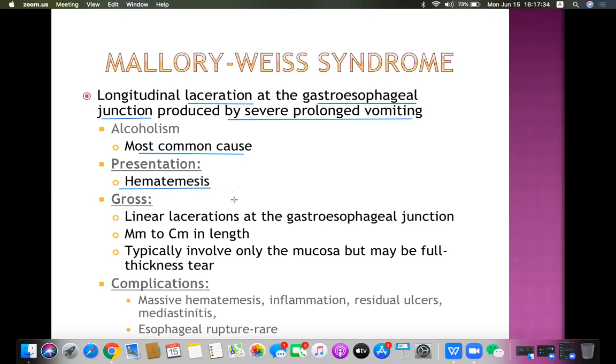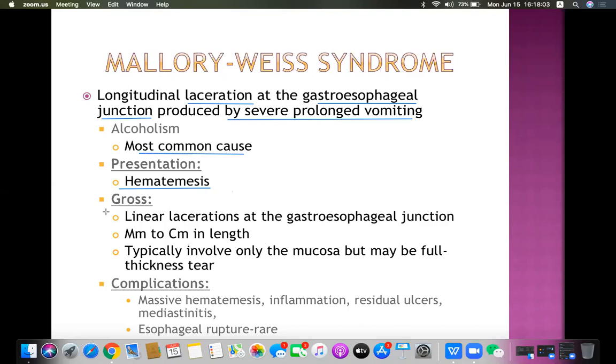From the upper part of the stomach, very near to the esophagus. That's why most of the blood will be vomited out. If something is left behind, then that blood will change into acid hematin by hydrochloric acid, and it will go distally and come out in the stool as melena. But melena is not the major problem in this case.